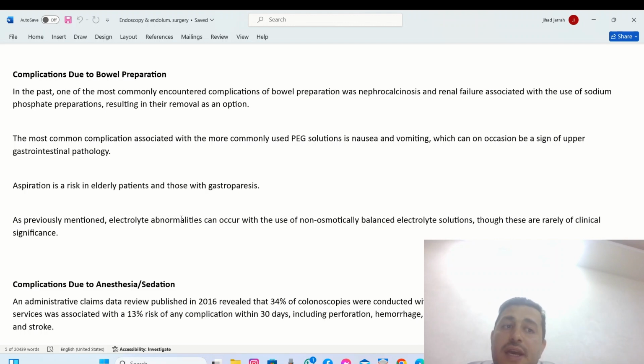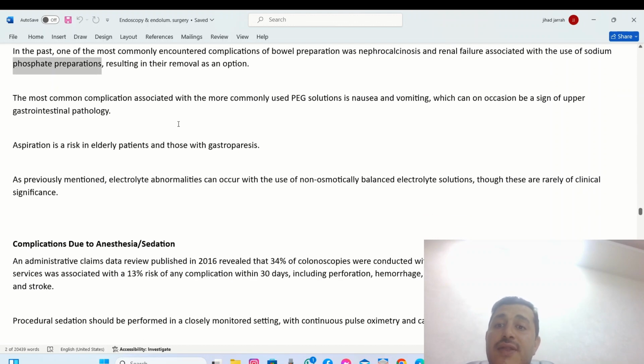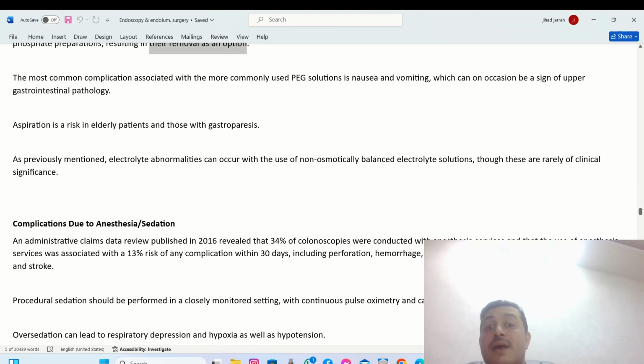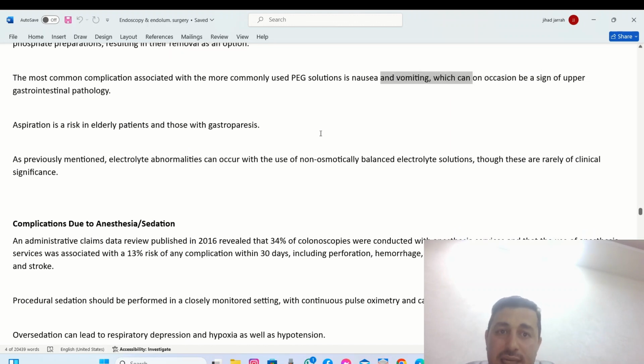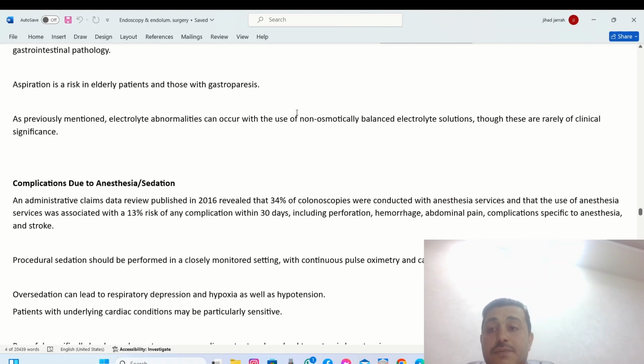classic complication when we use sodium phosphate is nephrocalcinosis and renal failure, and this results in removal of this option. If we are talking about polyethylene glycol, so nausea and vomiting, especially in these patients who have gastrointestinal dysmotility and elderly.